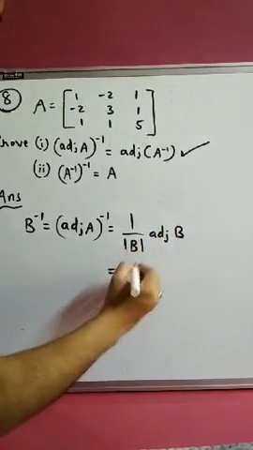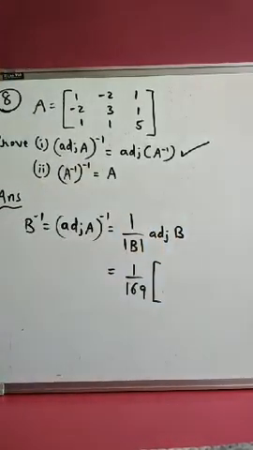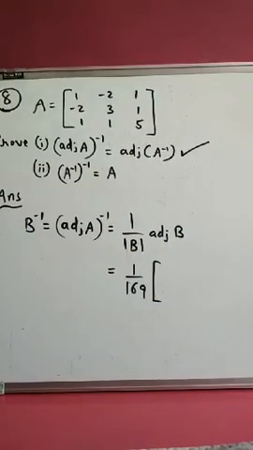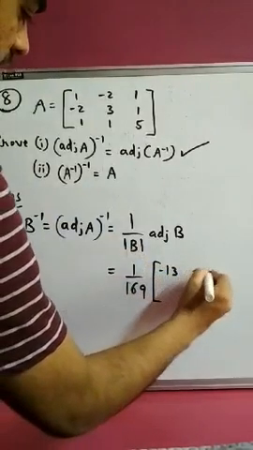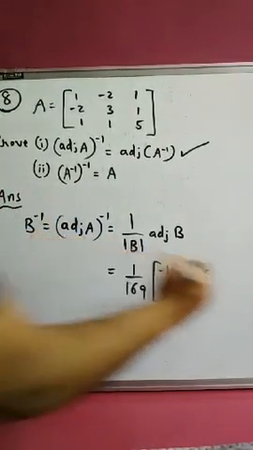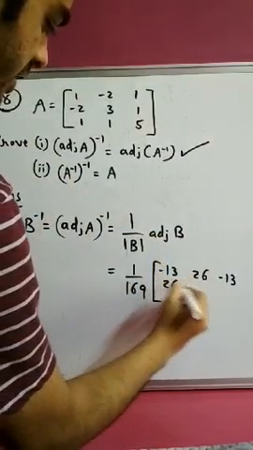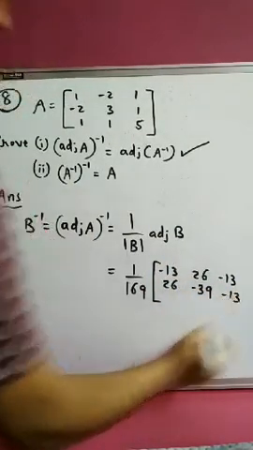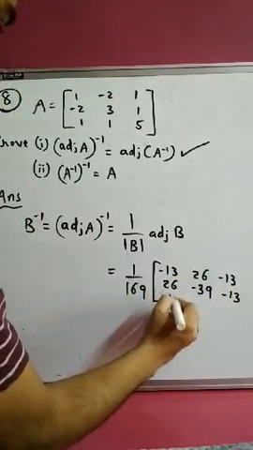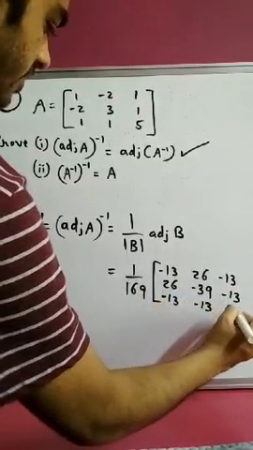Now we have calculated determinant B as 169 and adjoint of B. Adjoint of B is minus 13, 26, minus 13, then 26, minus 39, minus 13, minus 13, minus 13 and 65.